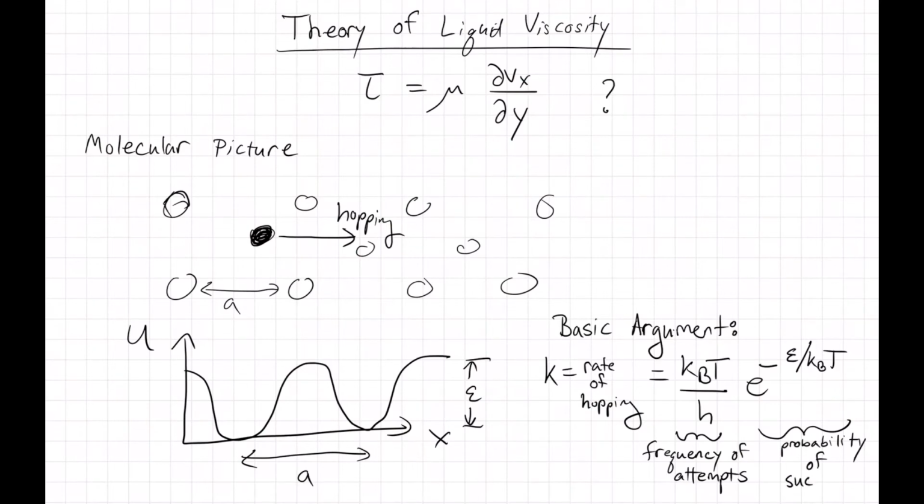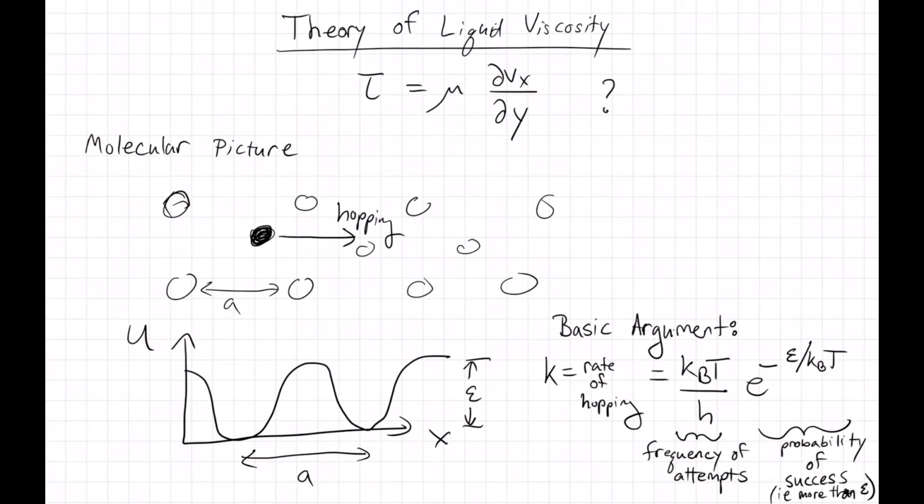At least at high temperature, we found that the frequency of oscillation would be something like k_B T over Planck's constant. Then the second piece is that depending on how high the barrier is, there's an exponentially decreasing probability that I'm going to have enough thermal energy to get over that barrier, given the statistical probabilities associated with statistical thermodynamics.